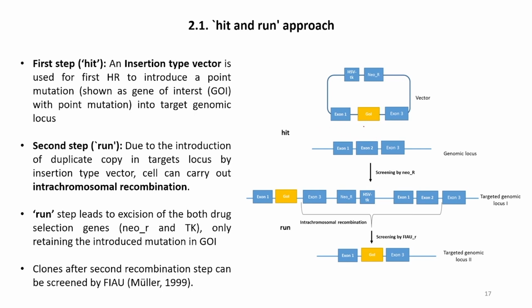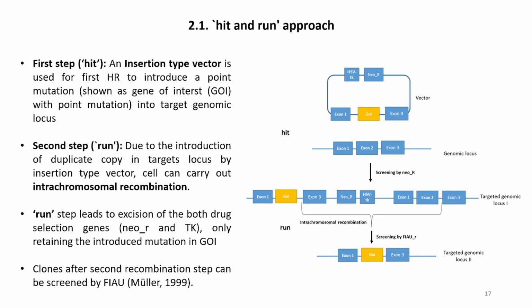This is the vector construct over here. You have two exons, exon 3, which flanks the gene of interest, and then you have the HSV-TK marker and the neomycin resistance marker. The first step is the hit step, as already discussed, and this is the genomic locus which we are targeting, which has 3 exons, 1, 2 and 3.